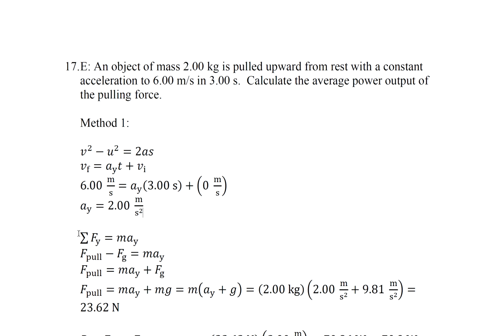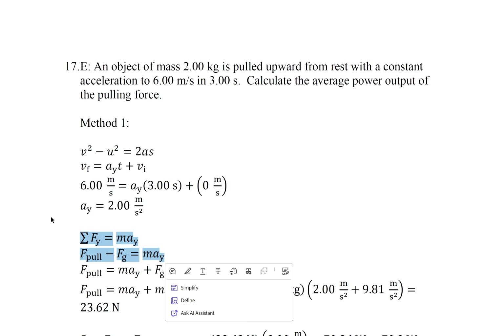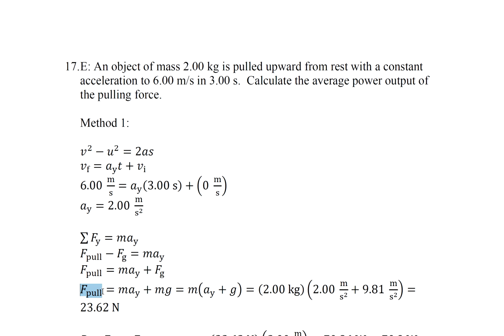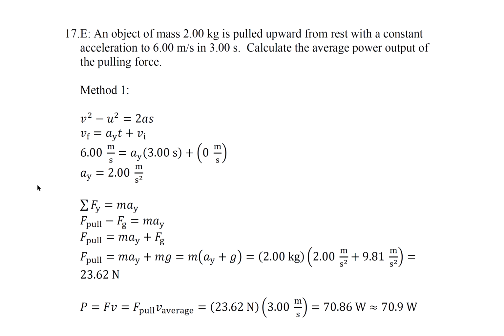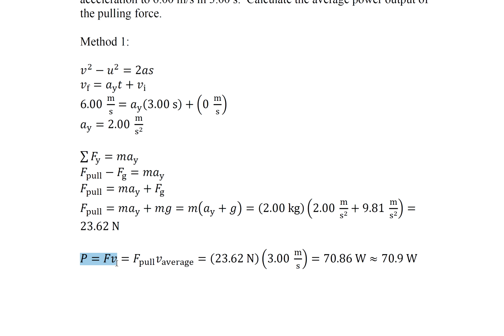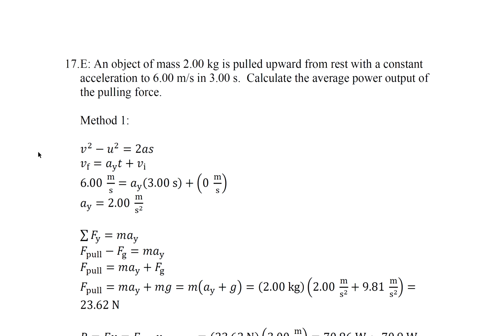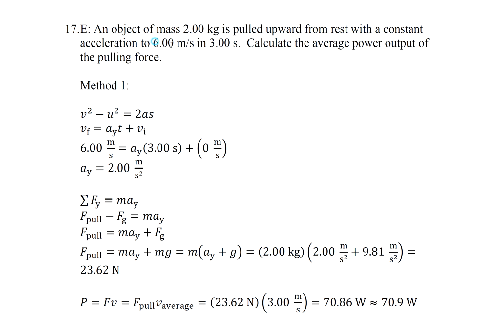Then we're going to use Newton's second law to find the pulling force. Then we can use P equals FV. And V is going to be V average. The average of 6 meters per second is 3 meters per second.